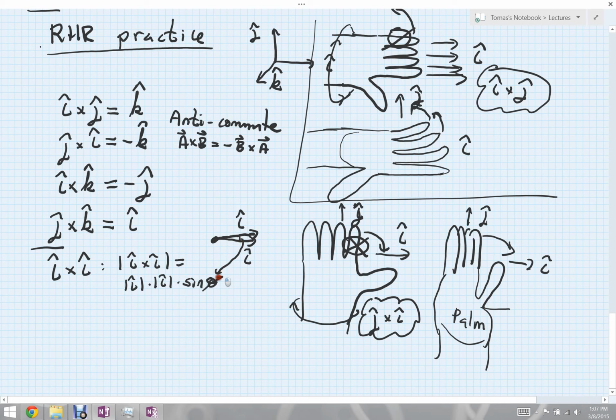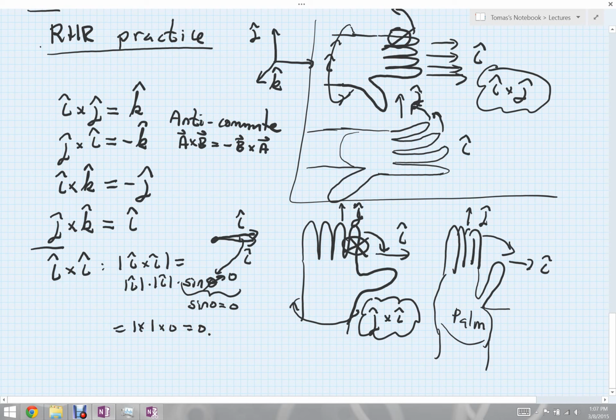In this case, theta would be 0, and the nice thing is that the sine of 0 actually equals 0. So we get 1 is the magnitude of I hat, times 1 is the magnitude of the other I hat, times 0, we just get 0.